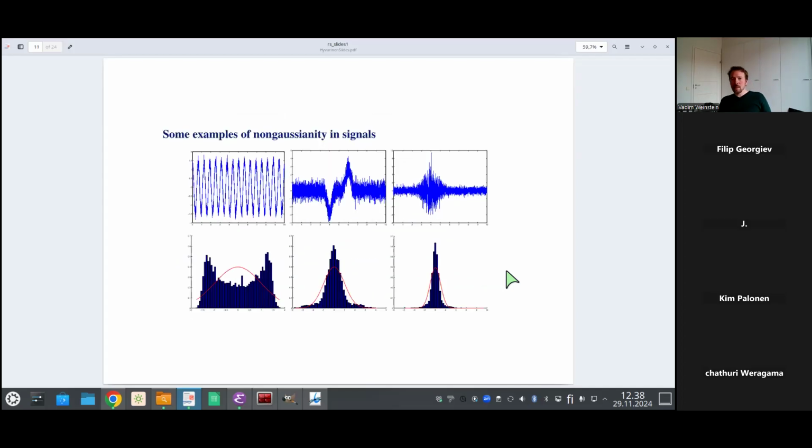Okay, so here are some examples of why it's natural to assume that variables are not Gaussian. This is some typical sounds. This is some non-Gaussian noise type of thing, or maybe some sort of sound source as well. And we can see that this one, for example, has very much mass where you would normally have tails, so it's very non-Gaussian.